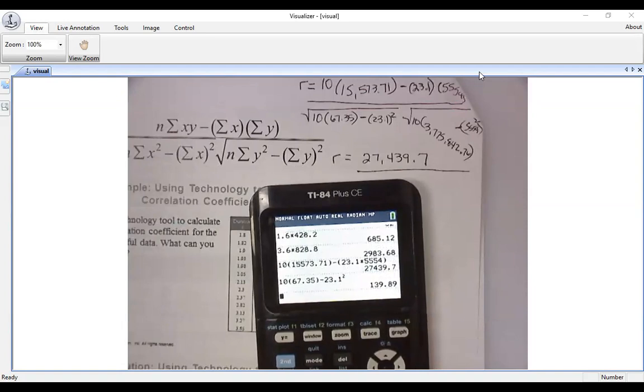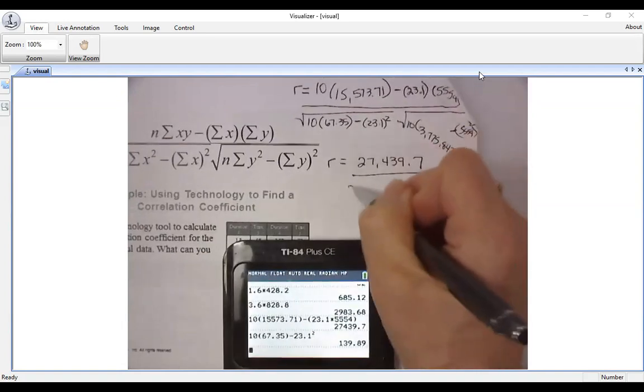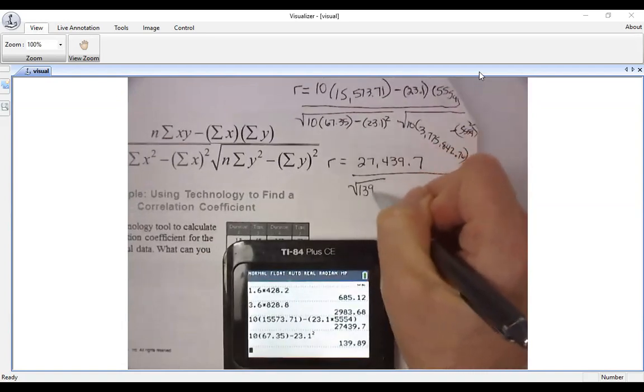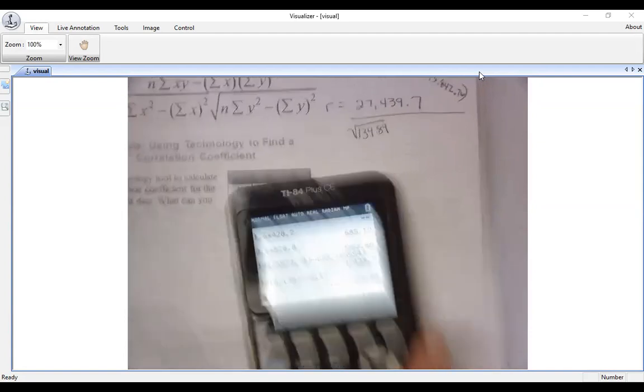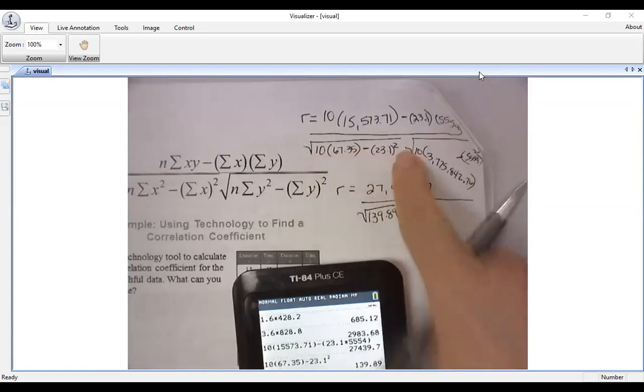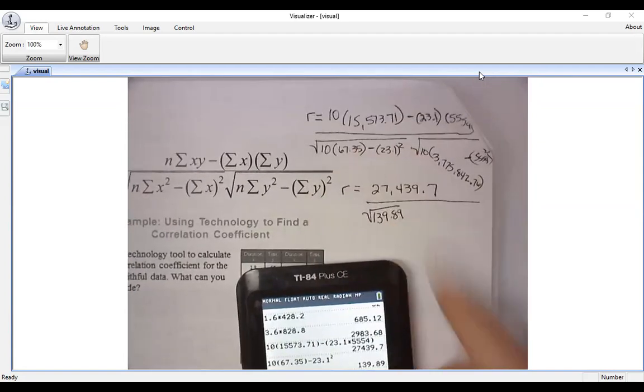That's what goes under the first square root. I typed it in without the radical because I'm just doing it a piece at a time. So this part gave me the number 139.89 under the square root sign.